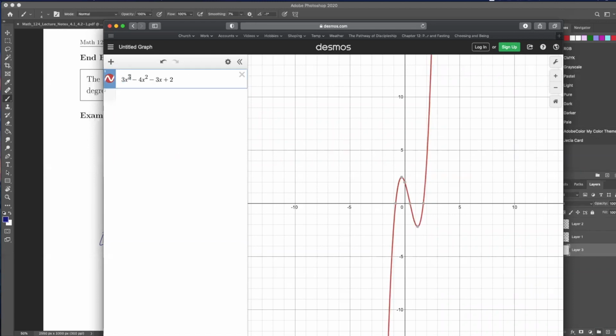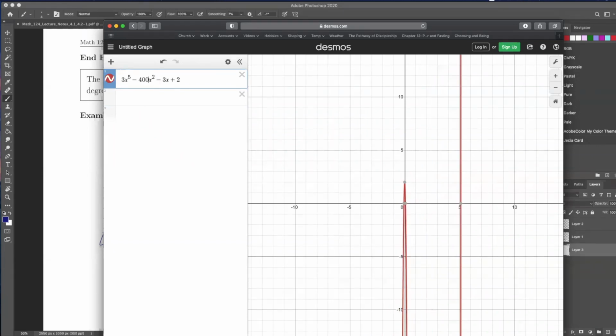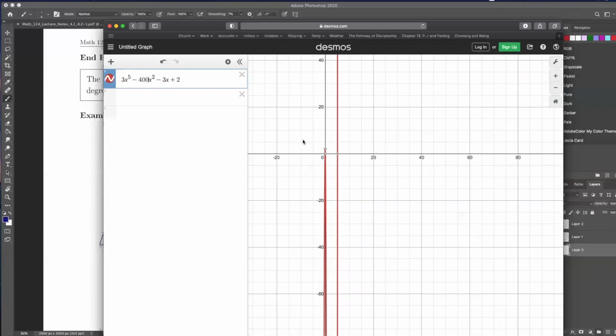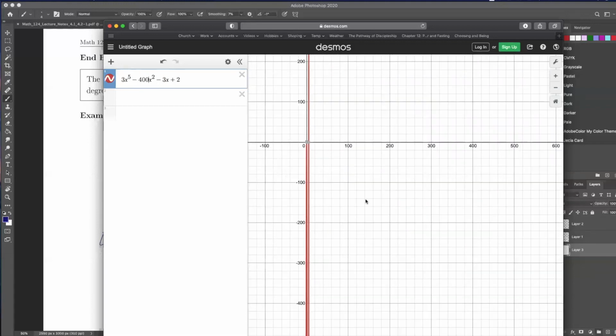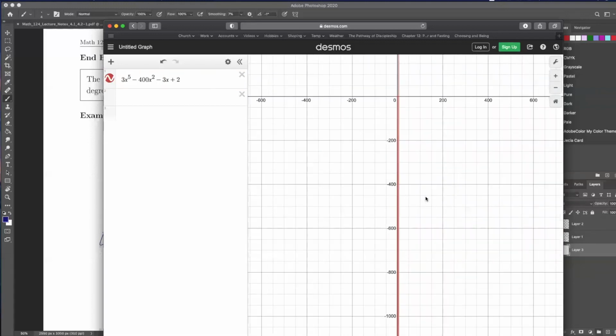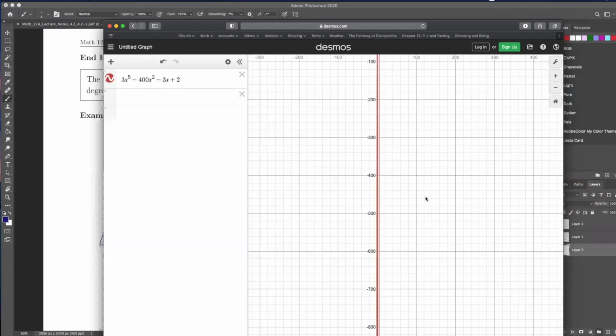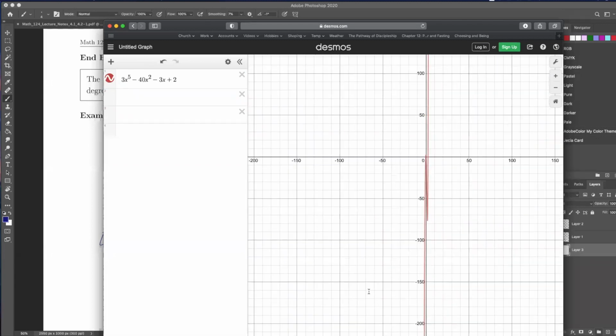And notice that if this was a 5, it still acts more or less the same way. And even if these numbers are really large, like minus 400x, I mean, that's really large, right? But notice if I zoom out far enough, let's make it less egregiously awful. There we go.